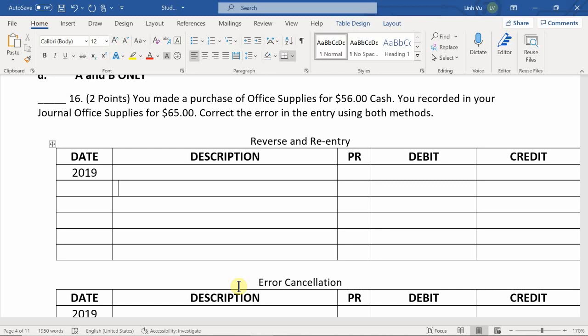Now, in order to reverse the entry, I'm going to go back to the store and return those items and then buy it back. That's the reverse and reentry. So how do I return my office supplies? How do I reverse my transaction?